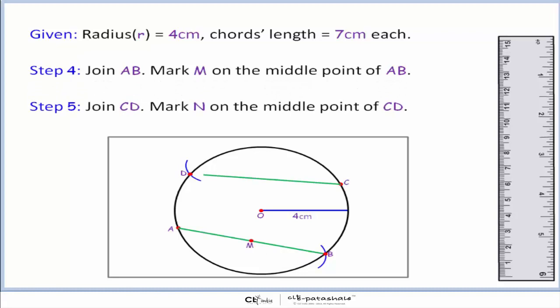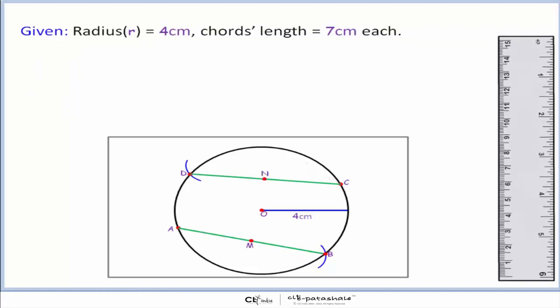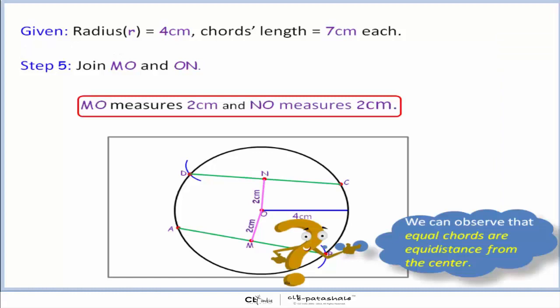Step 5. Join CD. Mark N on the middle point of CD. Join MO and ON. MO measures 2 cm and NO measures 2 cm. We can observe that equal chords are equidistant from the center.